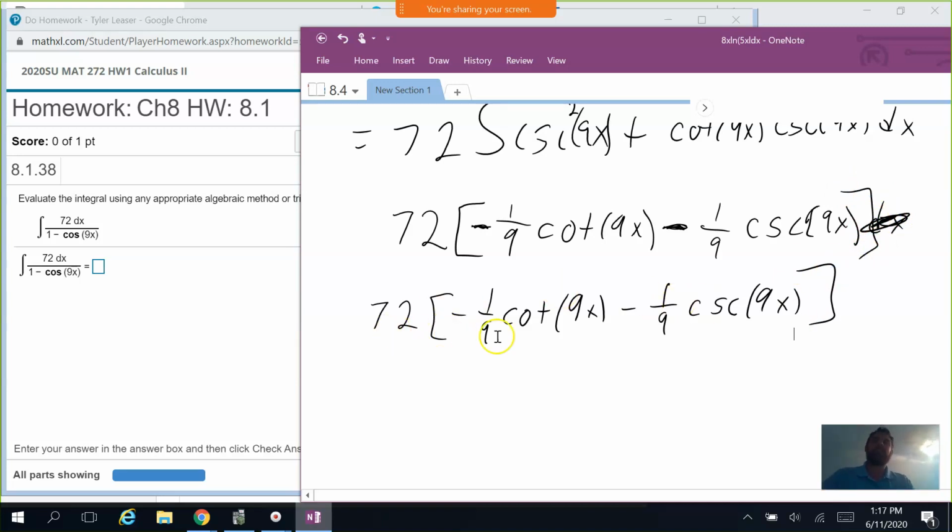Last thing you could do would be to distribute the 72 into there. 72 divided by 9, I think, is 8.